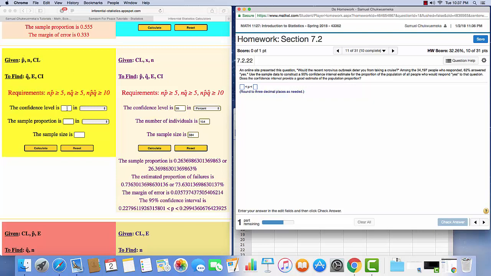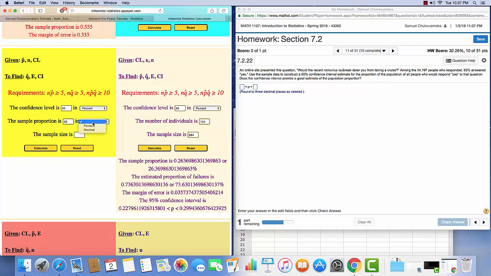So we're going to use this one. Confidence level here is 90%. 90, you put percent. Sample proportion is 62%. 62, and you select percent. Sample size is 34197.